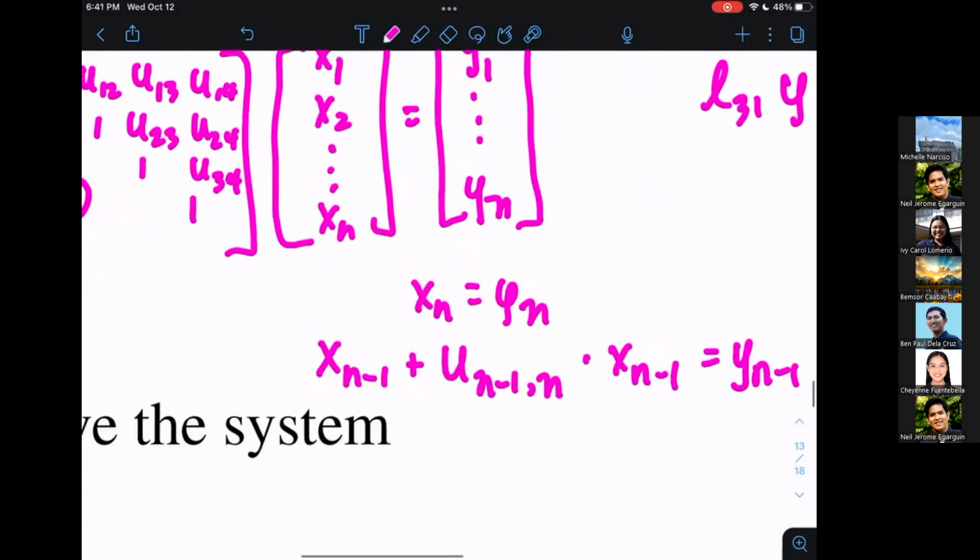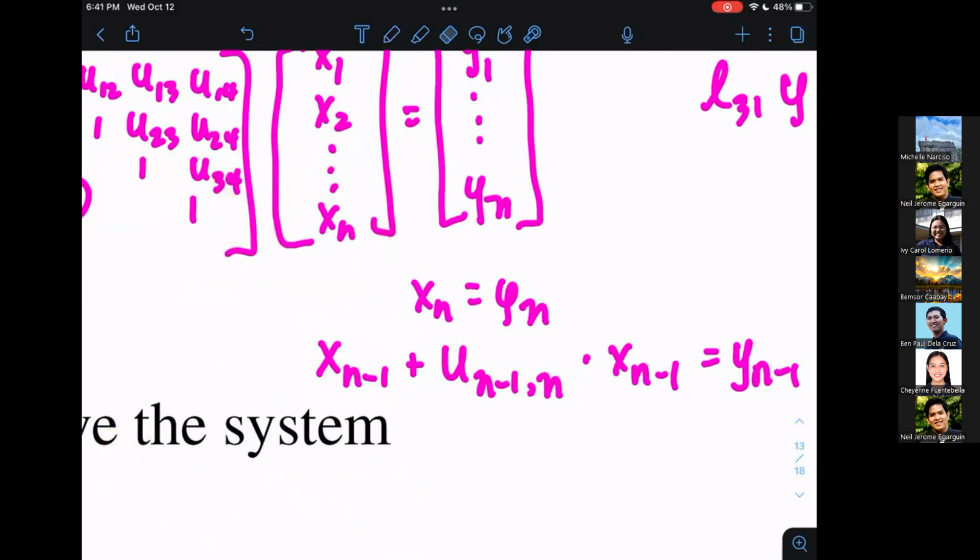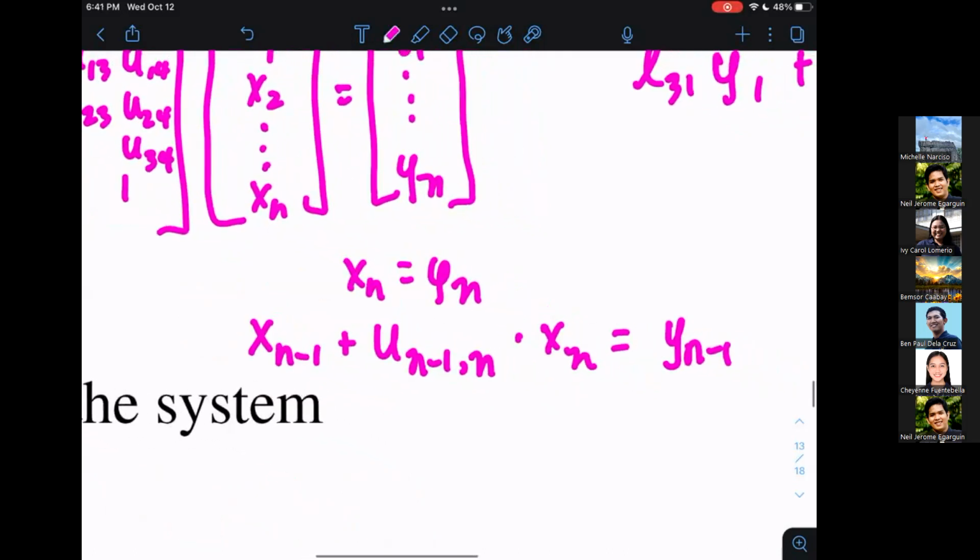Tama ba? So yung diagonal entry na u sub n minus 1, n minus 1, ito ay 1. So x sub n minus 1. Tapos yung entry dito ay u sub n minus 1 comma n. Mamumultiply siya ng xn. Tapos back substitution kasi alam na natin yung value ni xn.